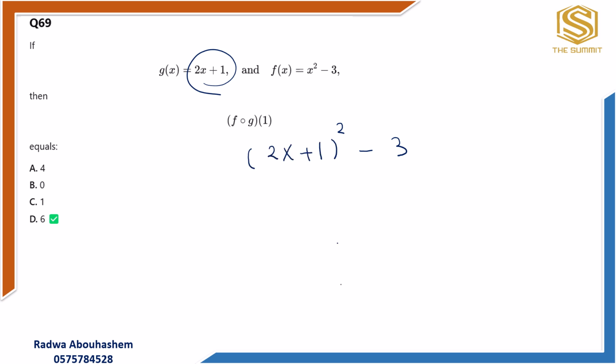This is the f composite g. Now let me just substitute to get the answer. He's telling me that x equals 1. So 2 times 1 plus 1, power 2. So it would be 9 minus 3, and 9 minus 3 gives me 6.